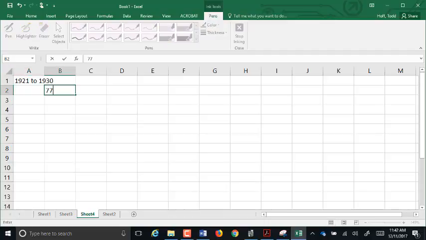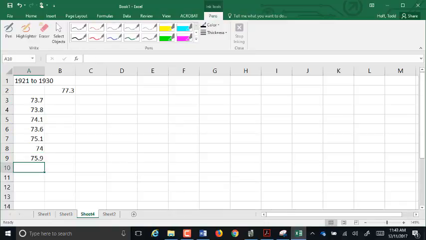I'm going to get the temperatures in here: 77.3, 73.7, 73.8, 74.1, 73.6, 75.1, 74, 75.9, 75.9 again, and 76.4. So we have those temperatures all listed.